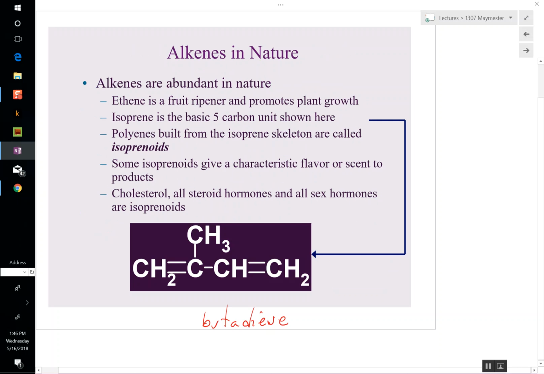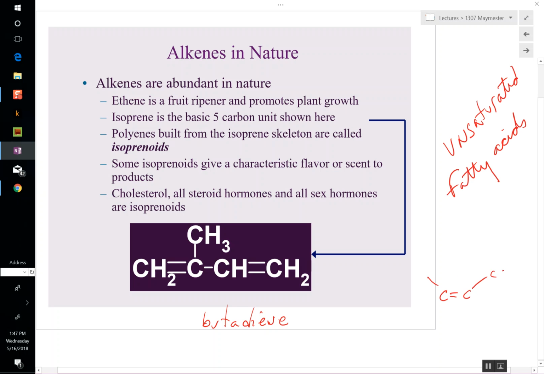Oh, there's more naturally occurring alkenes in nature: unsaturated fatty acids. I don't know why I don't have a slide on this. So, oleic acid that's in olive oil has a double bond in it.